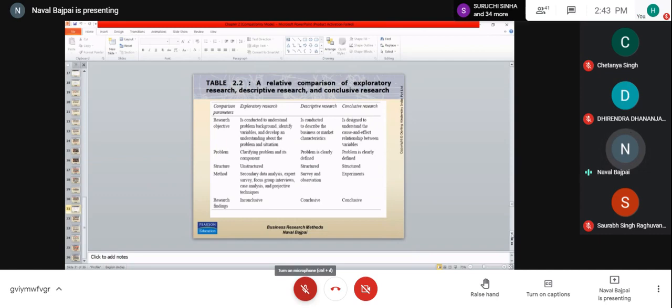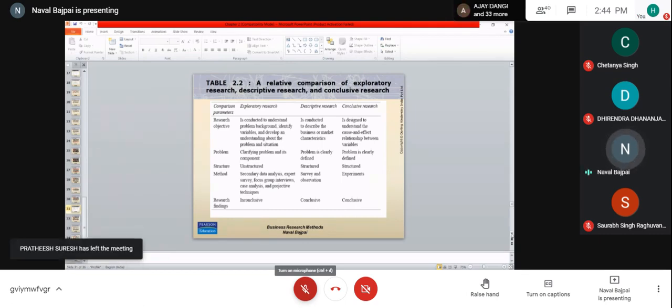But how would I know the why part? It would not be answered. So for answering the why part, we apply conclusive research, and exploratory research is pure exploratory. This is for the exploration of knowledge only. This is not supported by any system, which is why in the category of structure, you would find that this is highly unstructured, and this should be unstructured.